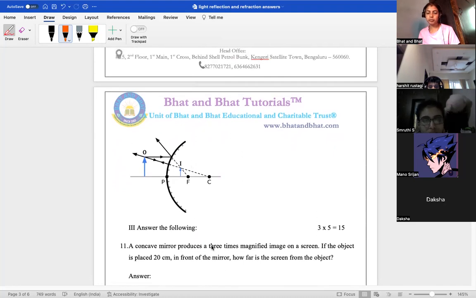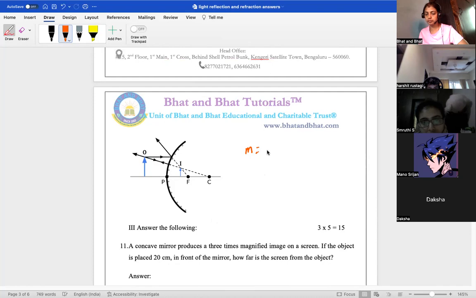A concave mirror produces a 3 times magnified image on a screen if the object is placed 20 centimeter in front of the mirror. How far is the screen from the object? So what all they have given? Magnification is given.